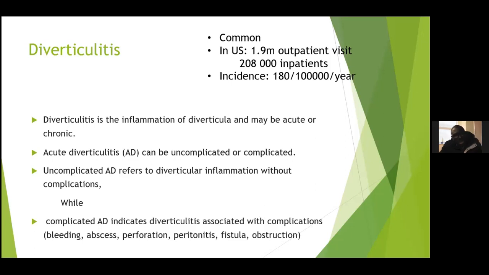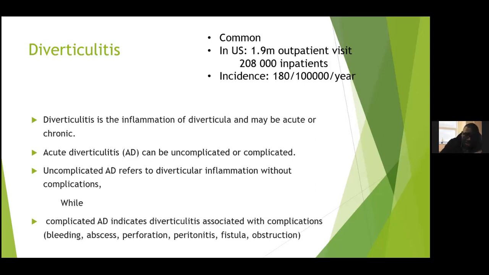So it seems to be relatively common over there. And just to say that diverticulitis is inflammation of the diverticula and may be acute or chronic. And acute diverticulitis can be complicated or uncomplicated. If it is complicated, then it comes as one of those things, either abscess or fistula, depending on how it presents. Again, the uncomplicated type does not have any complication.